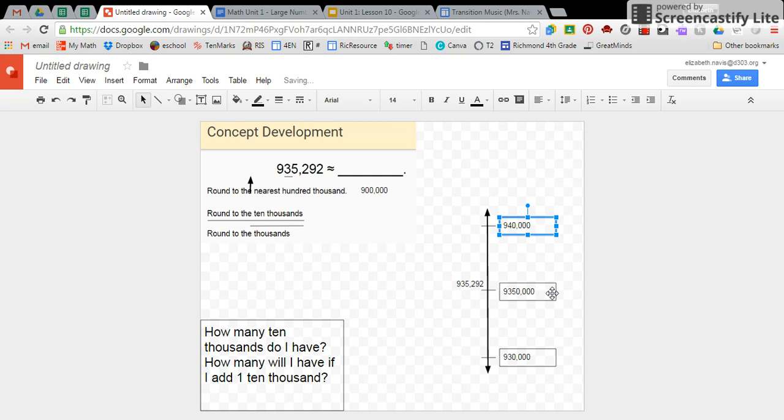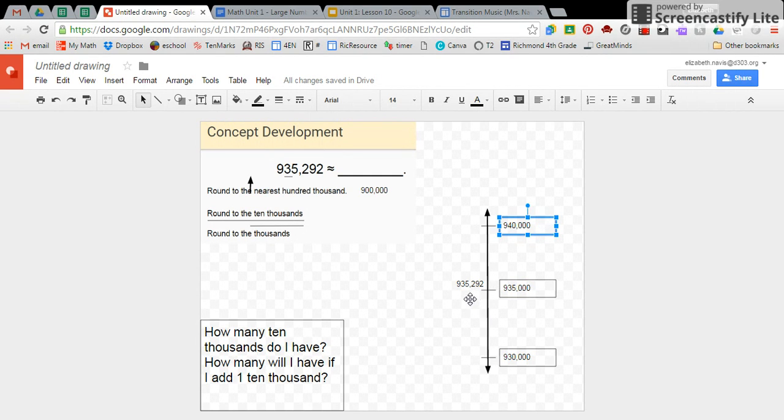Halfway between 930,000 and 940,000 is 935,000.